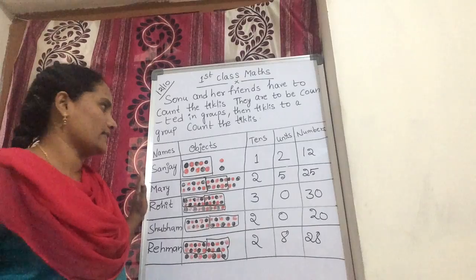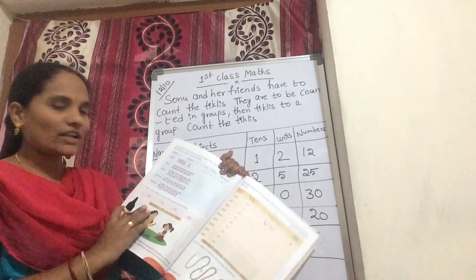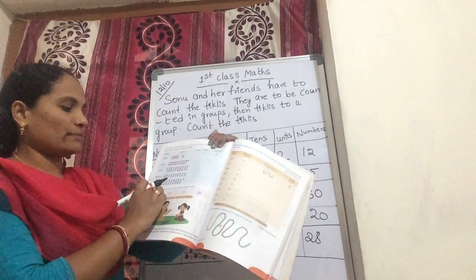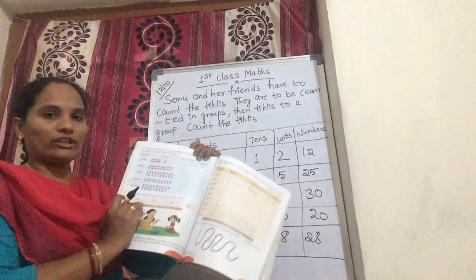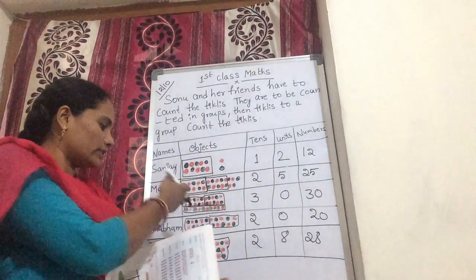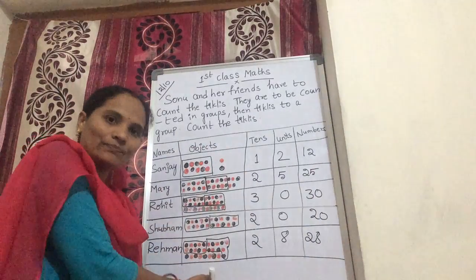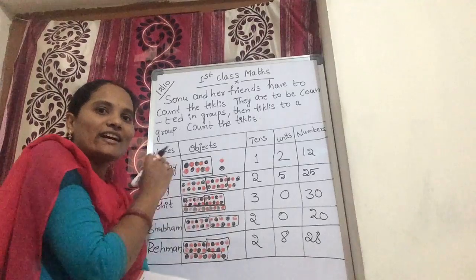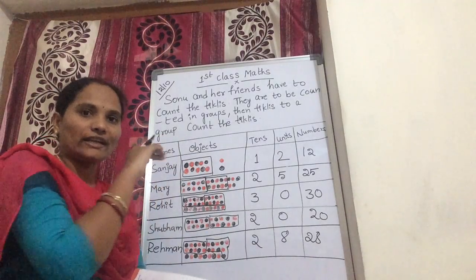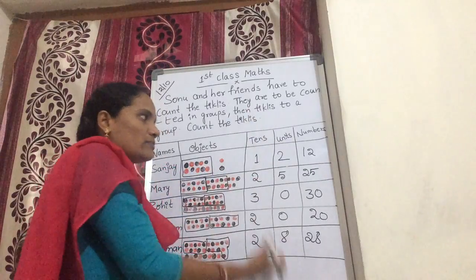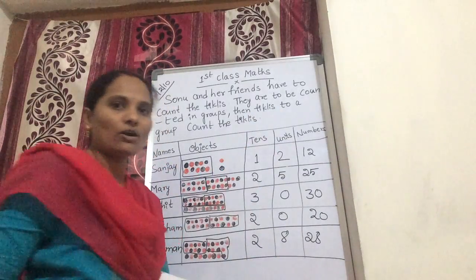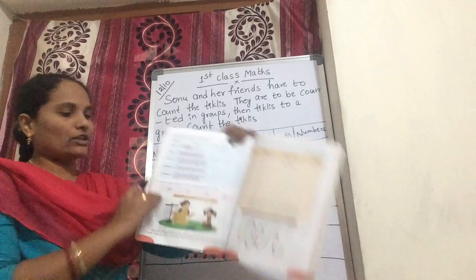WhatsApp group. Okay, children. Now here one activity is there. Draw as many objects as each of the following numbers given below. For example, 24. You take 24 and show it like this. You draw ticklies and divide them into groups of 10, 10. You write in tens what comes, in units what comes. Then after that you get how many numbers. Okay. You do like this.